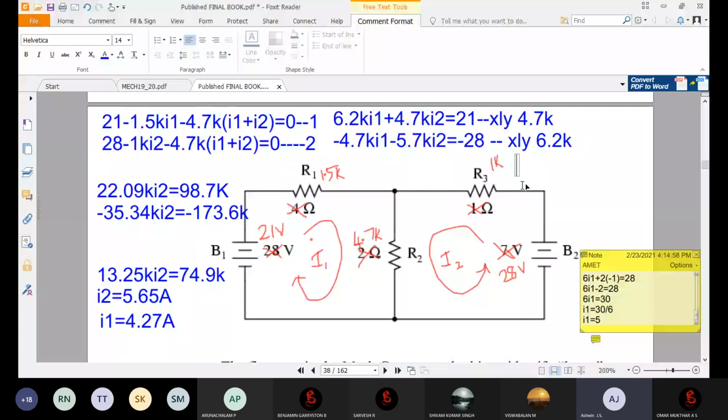So here, 6.2K, that is I1, plus what is your I2? 4.7, I mean 4,700 multiplied by 5.65, is equal to 21.